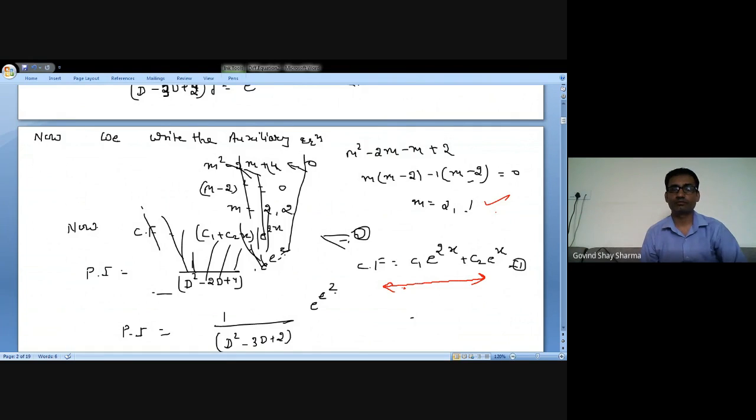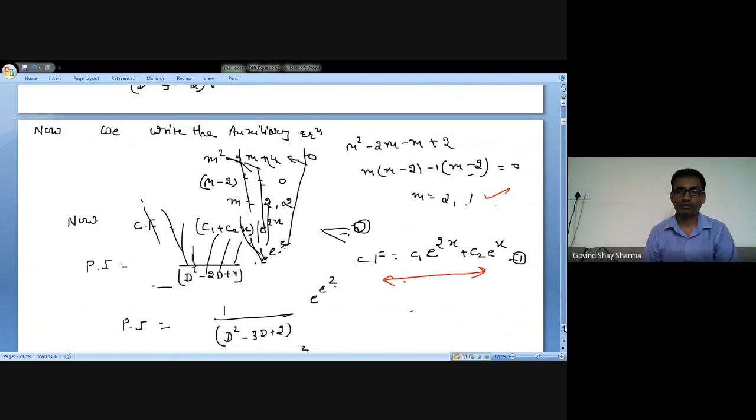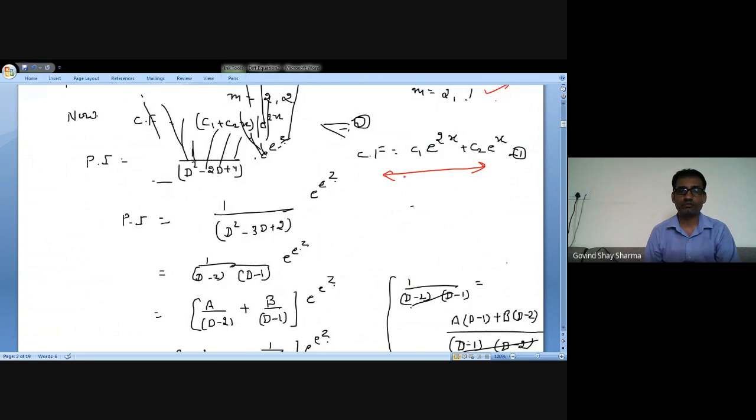Euler. Okay. Now the solution of the particular integral. The equation becomes this PI. Now to solve, we use the partial fraction method.